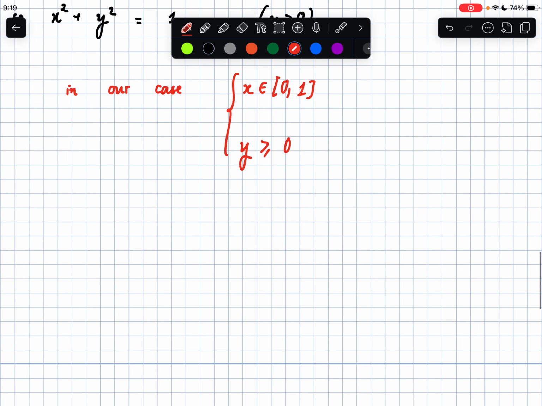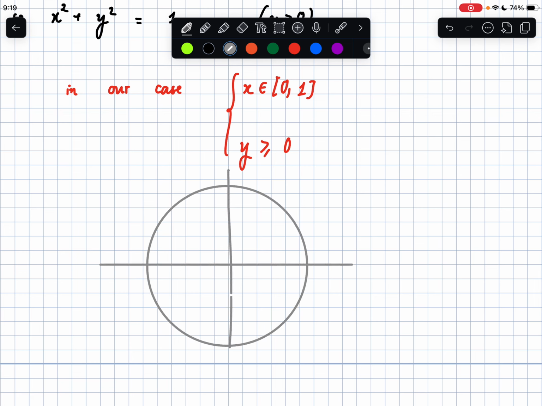If the full circle is like this, here is a full circle, 0 here, 1 here. Y is bigger than or equal to 0, so y goes from 0 to 1, and x from 0 to 1. So we always look at this region.